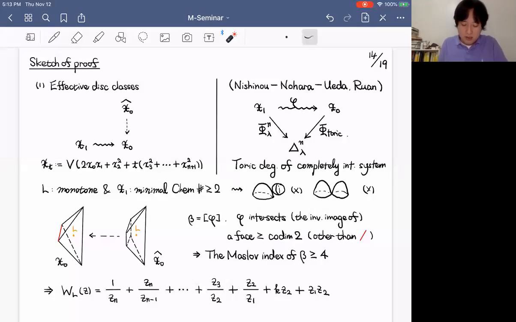So the main idea is that X1 has a relative homotopy group of rank 4. And X0 hat here means the toric resolution. Here, X0 is the toric orbifold. They have orbifold strata here.